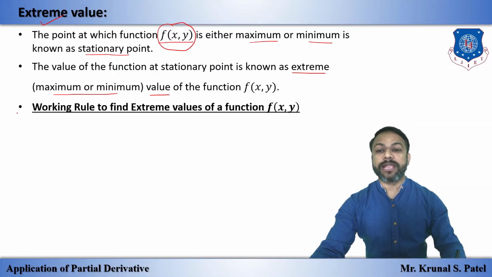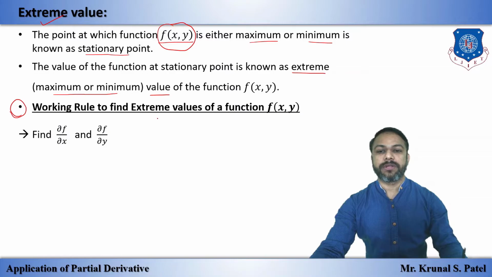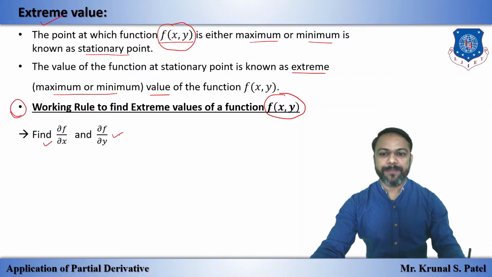Now we have a working rule to find the extreme value of the function. These are the working rules, and by using this rule we will solve the examples. First step, for the given function f of x comma y, we will find del f by del x and del f by del y.